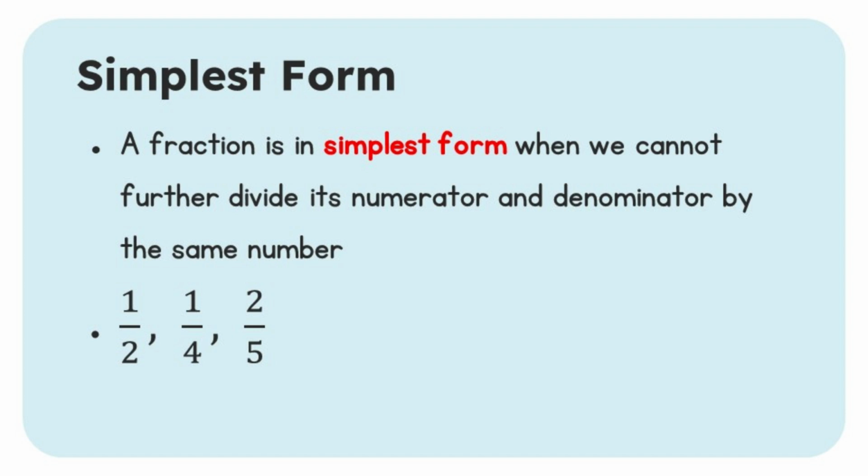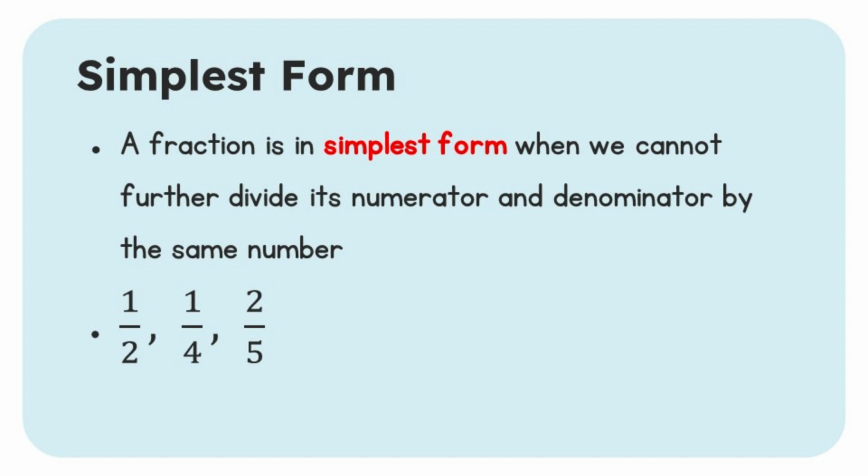Can we divide 1 and 4 by any other number so that we get smaller whole numbers for our numerator and denominator? No, we can't. And what about 2/5? We also can't. So in this case, a half, 1/4, and 2/5 are all in simplest form.